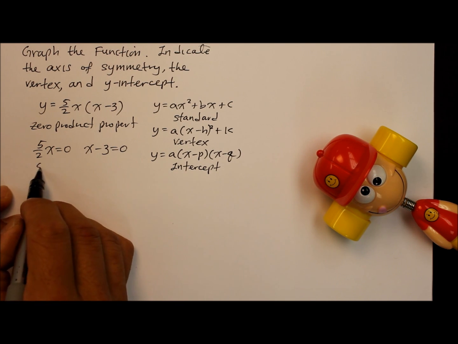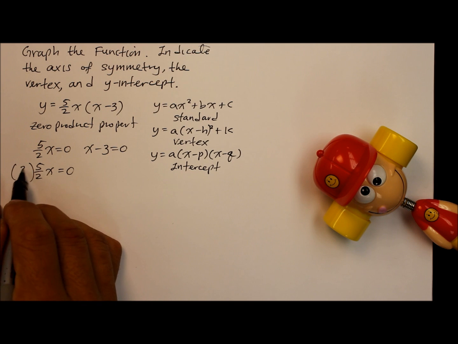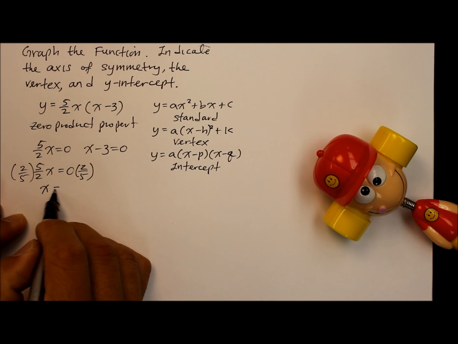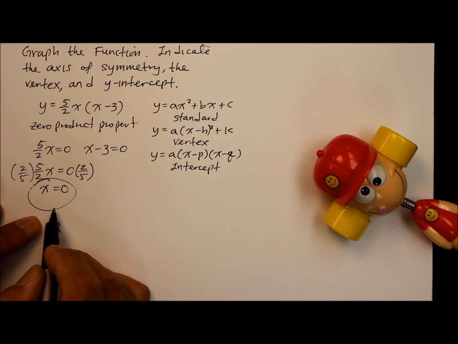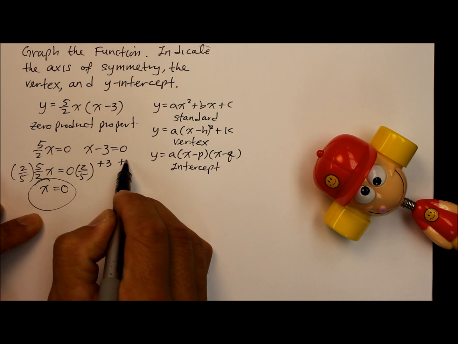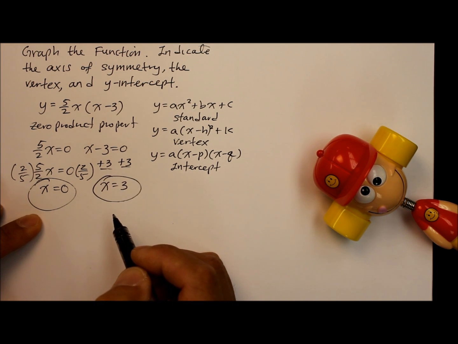This one's easy. When you take the coefficient 5 over 2 and multiply the reciprocal to both sides, x is still 0. So that's one of the intercepts, the roots, the solution. Now this one, you add 3 to both sides of the equation, so x is equal to 3. That's the other part. Okay?